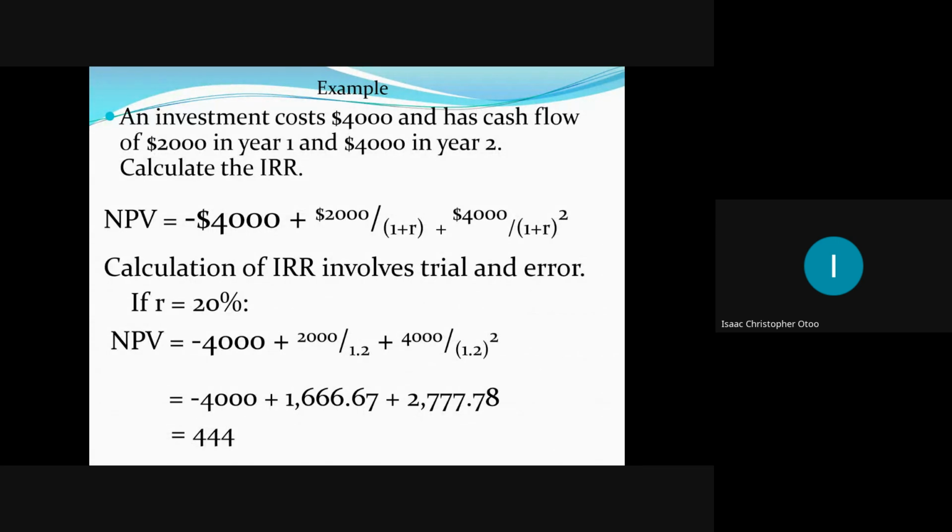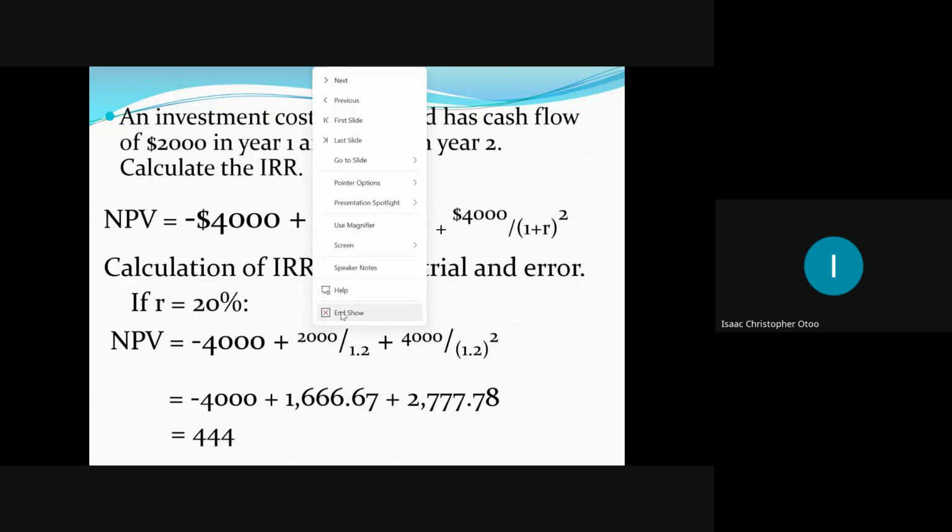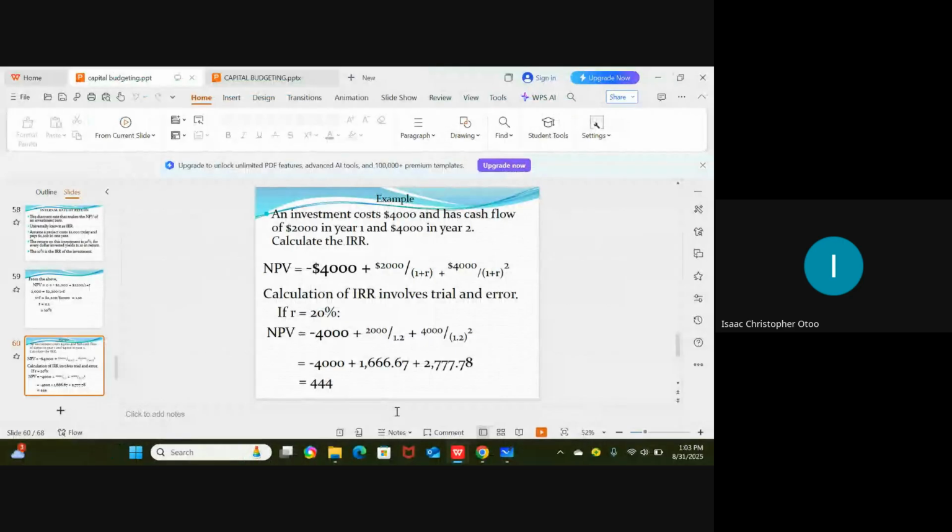So here, what you do, you call it the trial and error extrapolation. So if the rate of return is, so let me see, cost is 4,000, year 1 2,000, year 2 4,000. Okay, I'm going to do it for you. Yes, it's 20%.